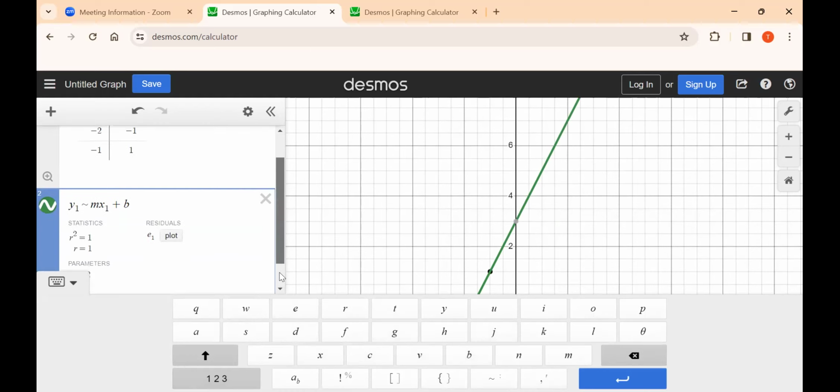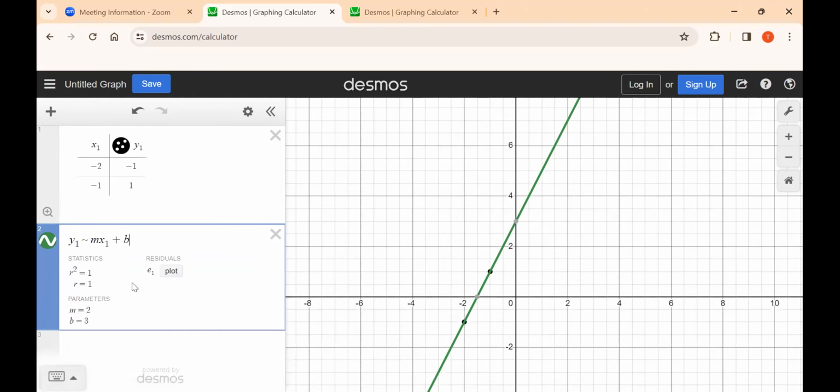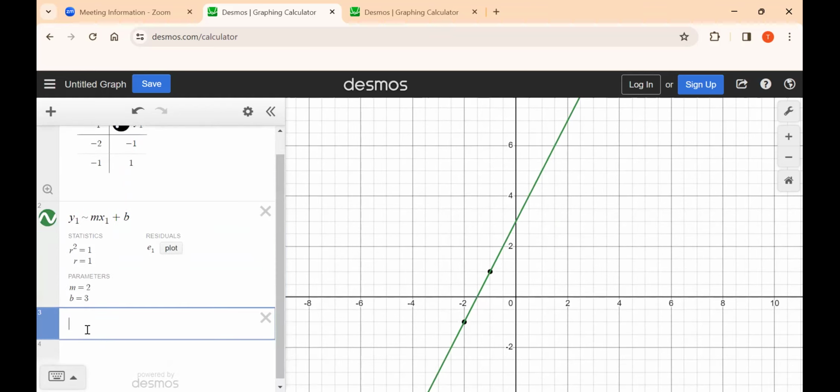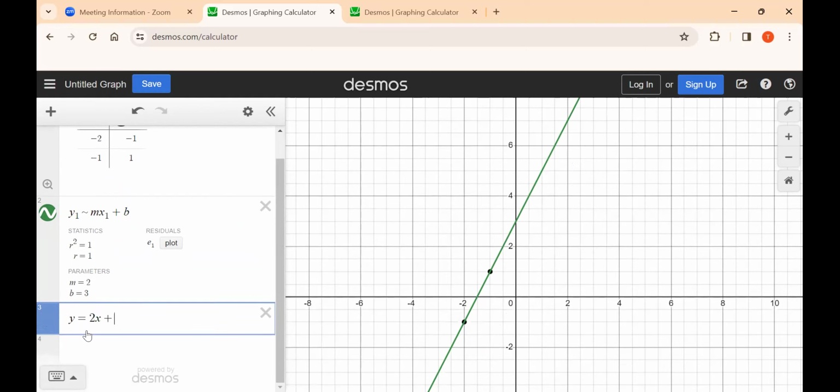So when I go down here, just like with the scatter plots, you can see that the slope is 2 and the y-intercept is 3. So since you know the slope and the y-intercept, you can directly plug those numbers in and it would go through those points. So you can see that would be correct there. Okay?